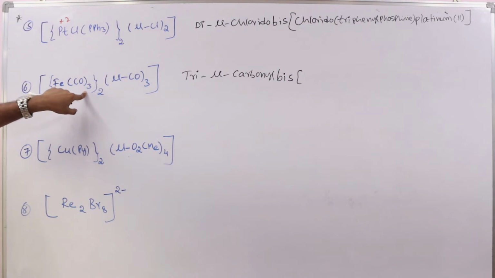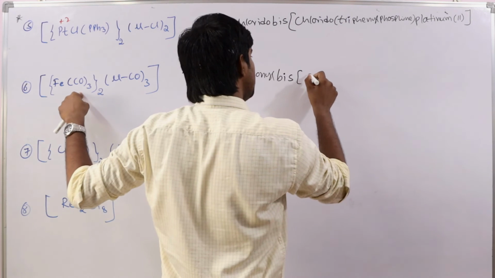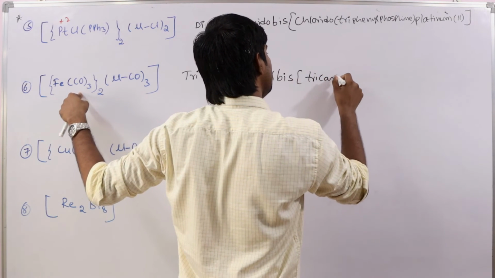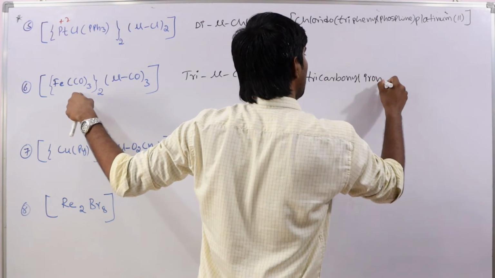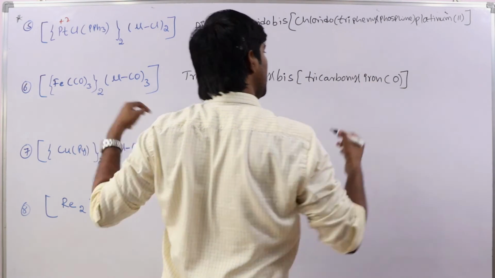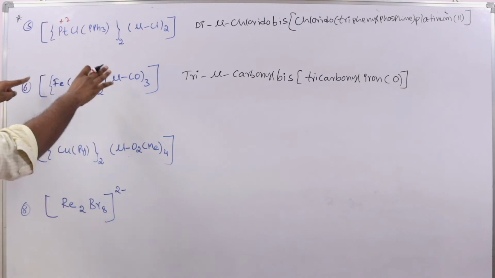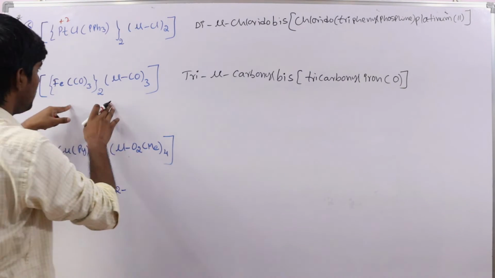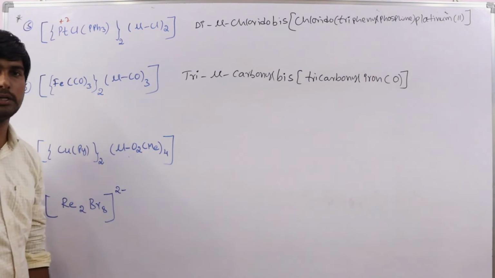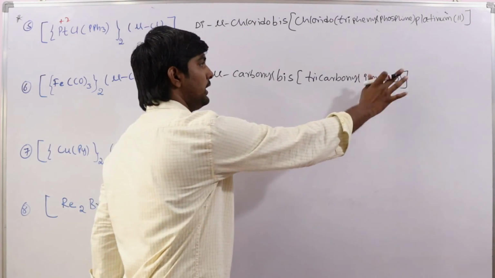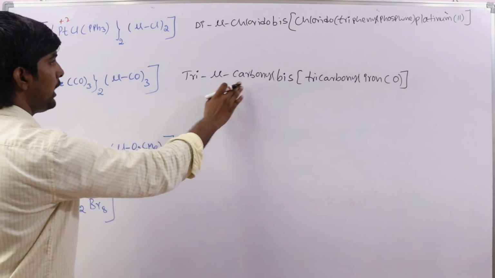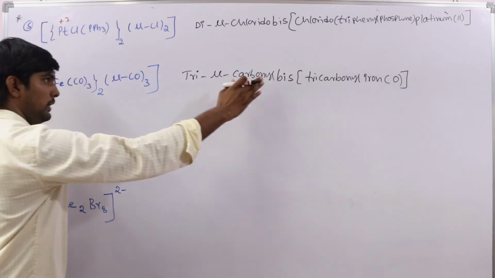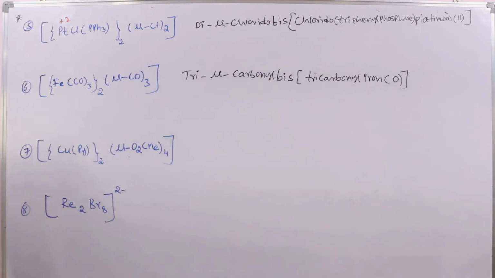We have 3 carbonyl ligands, so bis tricarbonyl iron 0, because this is a metal carbonyl. All are neutral ligands and we do not have any charge here, so the oxidation state of the metal is 0. So what is the name of this complex? Trimu-carbonyl bis tricarbonyl iron 0.